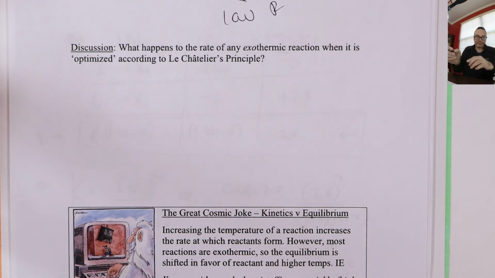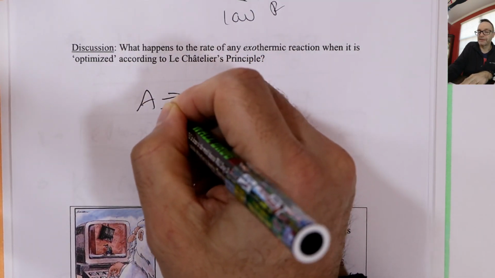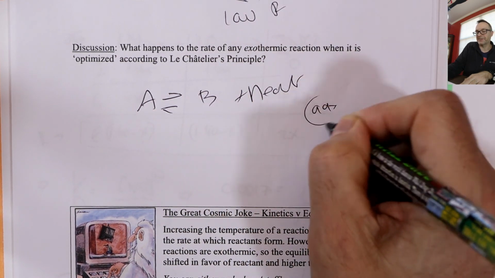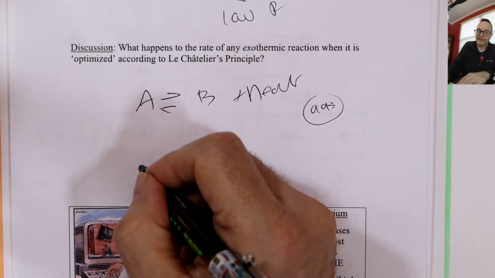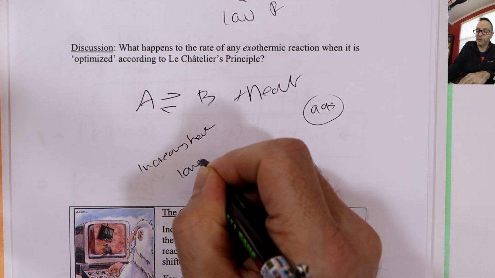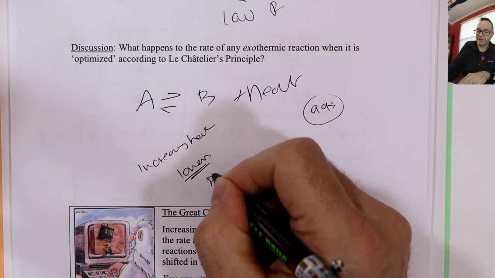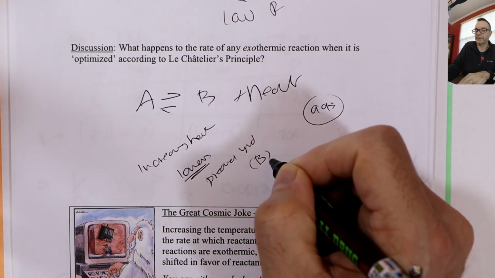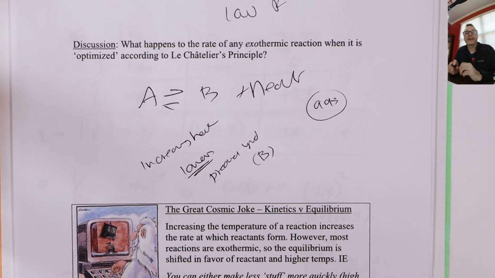99% of reactions are exothermic, right? Increasing heat lowers product yield, which is B, right? But you need to increase the heat because you need the rate of reaction to be high to get there anyway. So you're making less stuff fast.